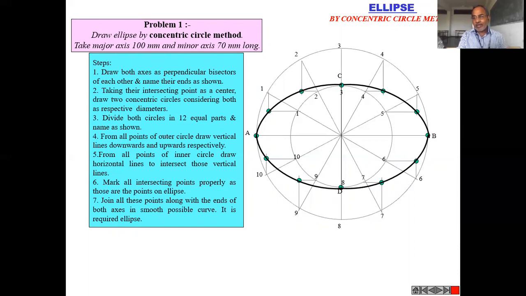And here, how to put that 70, because the minor axis length is 70. So how to write that? You can write in two ways. One is as it is, when you look from the front, like 100, just beside that vertical line, leaving just 1 mm gap, right in the center, middle of the line, you write 70 as we look from the front. Or else you can go like this. You can read the drawings on the drawing sheet from the front or from the right side.